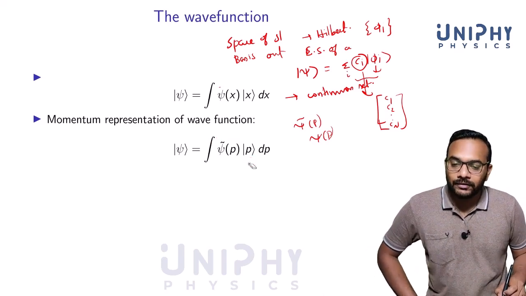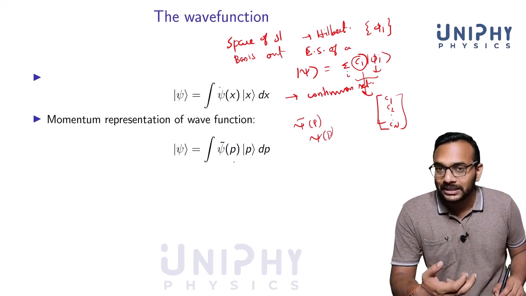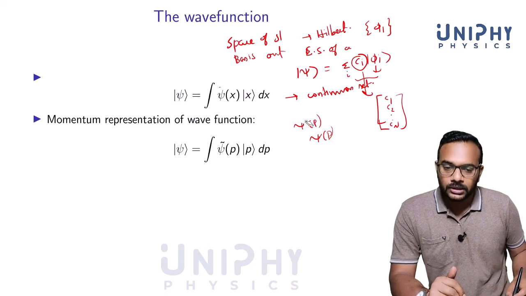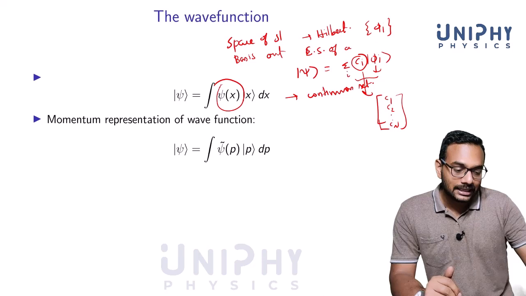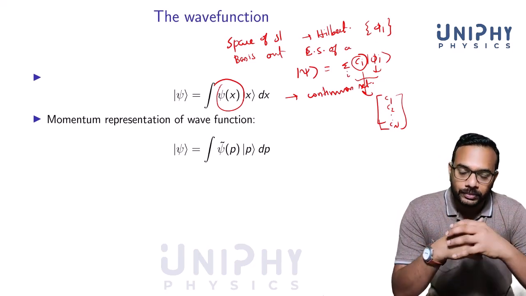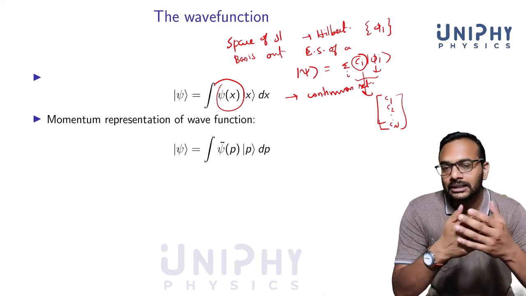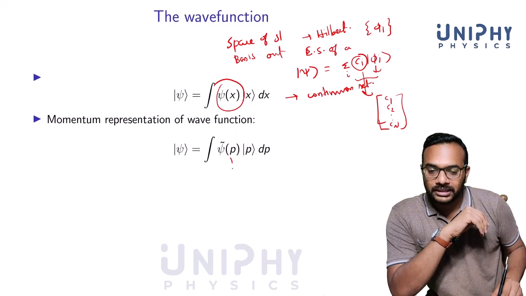Here we have a complex number corresponding to each possible value of momentum. The psi of x, the collection of expansion coefficients when you use eigenvectors of the position operator, is the coordinate space wave function, and this is the momentum space wave function.